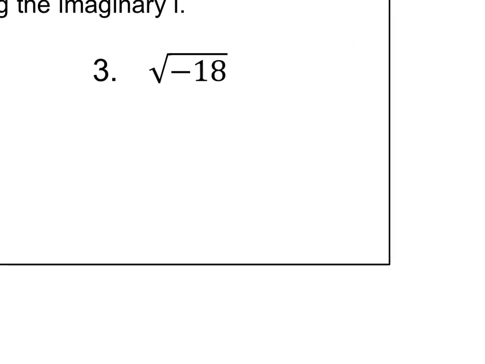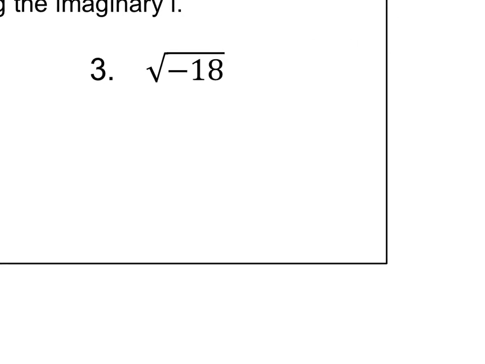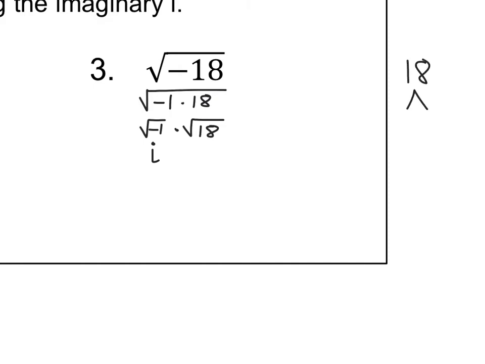Problem number 3 is a little bit different now. The first thing I've got to do is separate -1 and 18: the square root of -1 and the square root of 18. The square root of -1 is i. Can I break 18 down? I sure can. 18 goes to 9 and 2, and then 3 and 3. This is just what we did on the first page of today's 4.8 lesson.